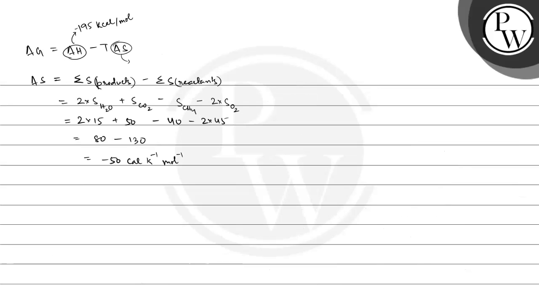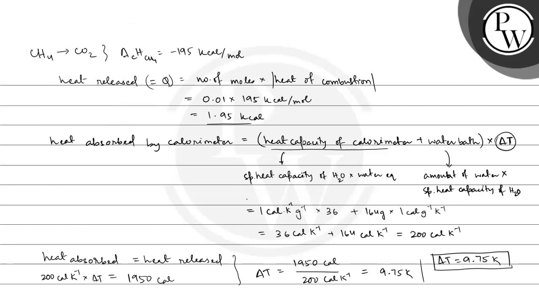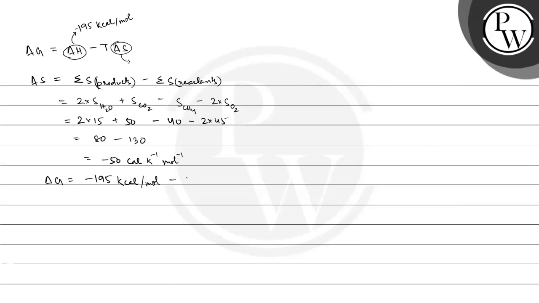All right. Now we have to calculate the delta G. So delta G is equal to delta H, that is minus 195 kilocalorie per mole, minus T delta S. The value of T is given, 300 Kelvin, multiplied by delta S, which is minus 50, as we just calculated, minus 50 calorie Kelvin inverse mole inverse. All right, so if we convert kilocalorie into calories then we have to multiply it by 1000. So minus 195000 calorie per mole minus 300 multiplied by minus 50.